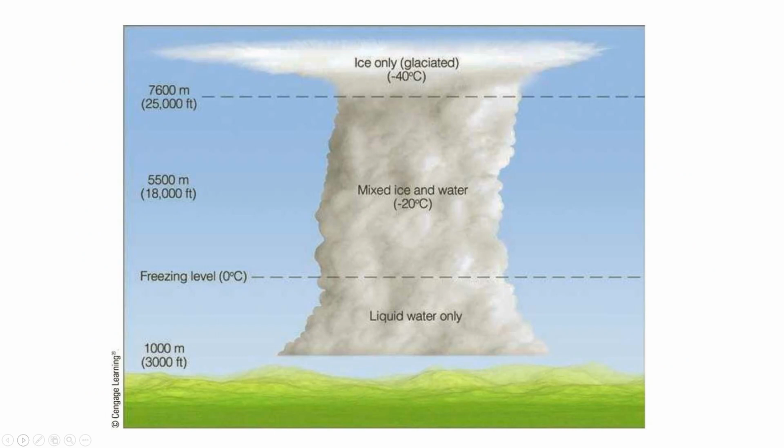Laboratory studies show that the smaller the amount of pure water, the lower the temperature at which water freezes. Cloud droplets are very small. It takes very low temperatures for them to become ice.